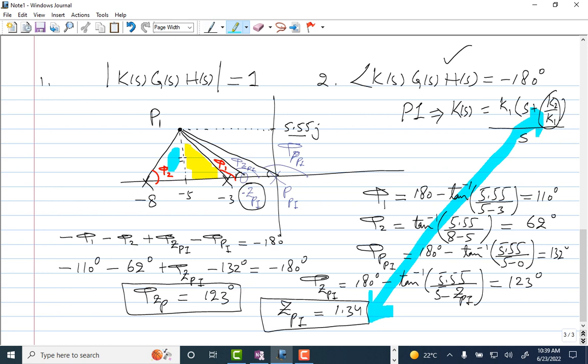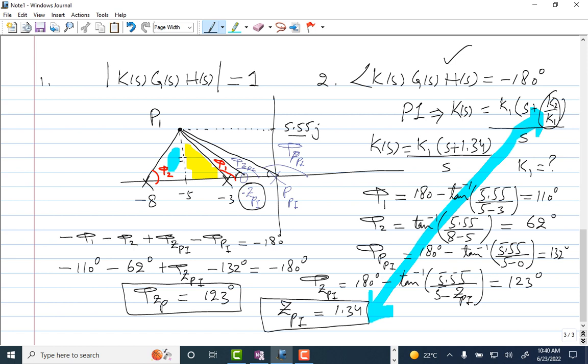So what I designed till now is k of s equal to k1 times s plus 1.34, whole divided by s. Now I have to find k1. How do I find k1?